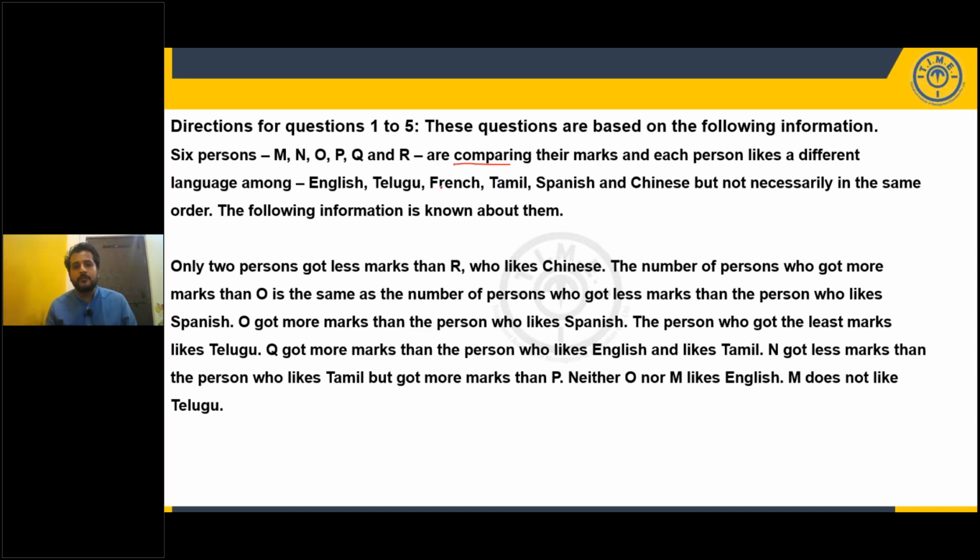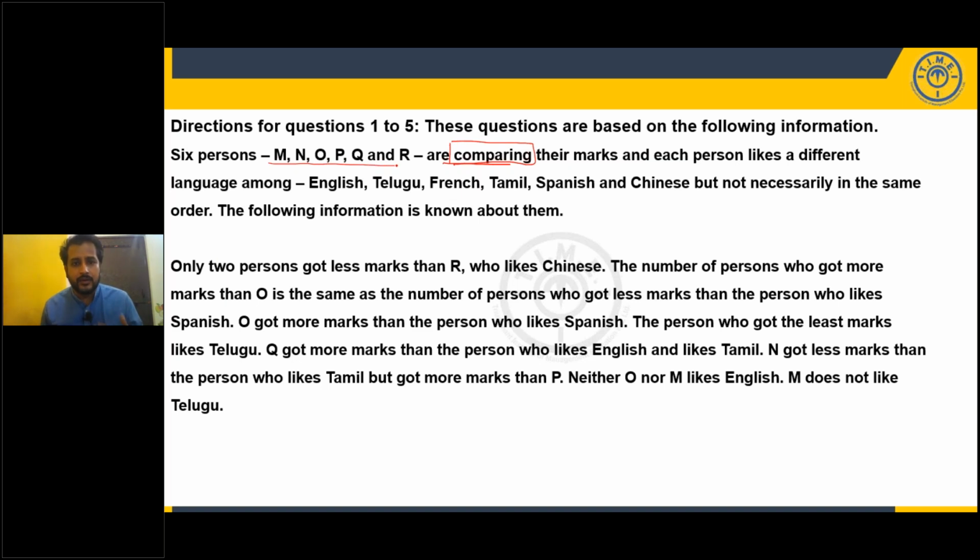So what could be the basic structure for comparisons questions? It is very simple. How to decide the order in which I'm going to convert my clues. Definitely my final arrangement will be based on their marks, maybe either in ascending order or in descending order.